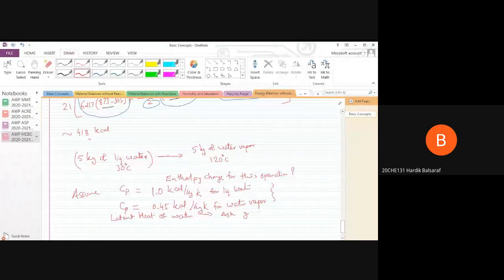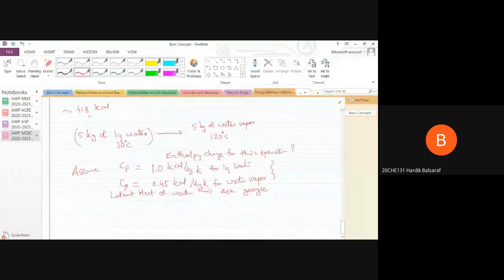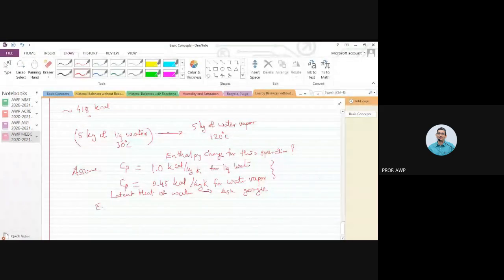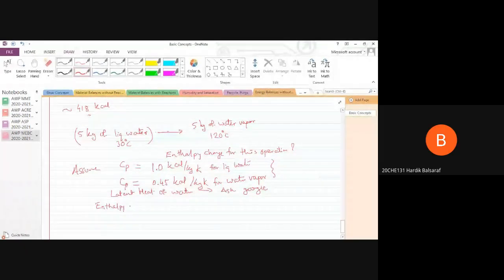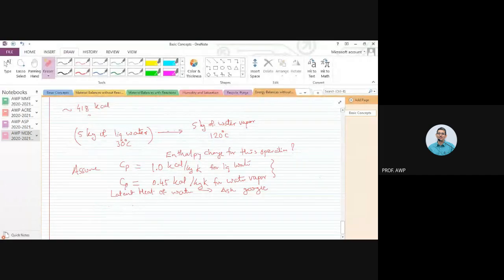So 2260. Okay, so you are telling me the enthalpy change. No, sir, I'm telling the latent heat of vaporization. Oh, don't tell me latent heat. Let everybody Google for themselves. People are so comfortable with Google that they like to Google the values themselves.